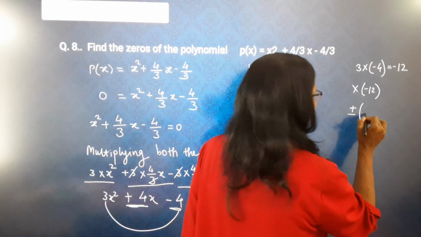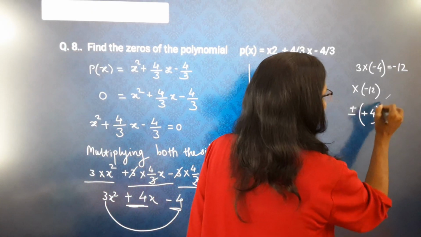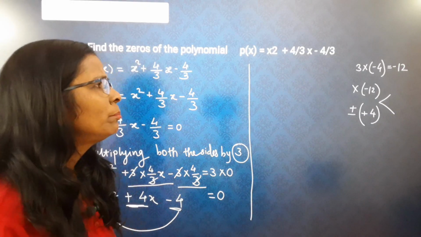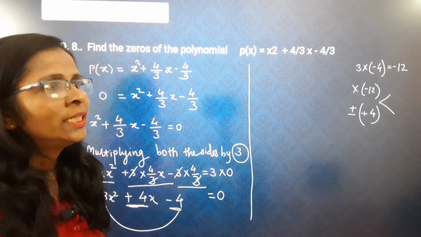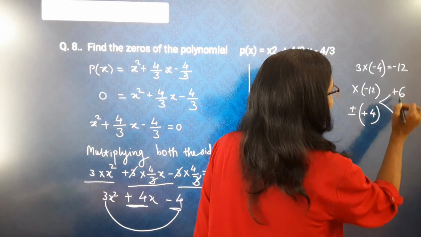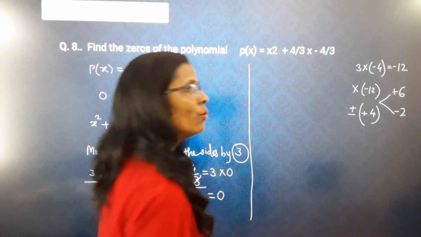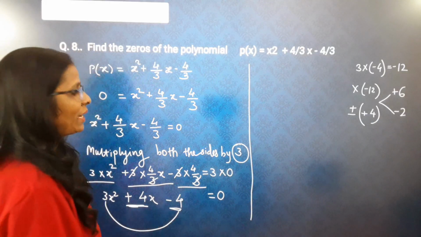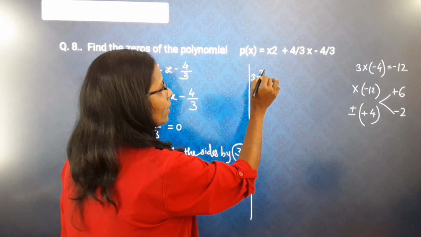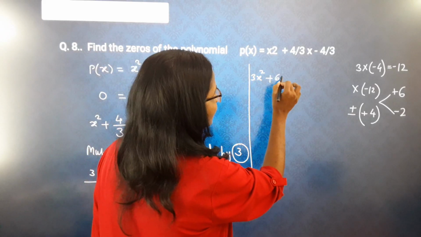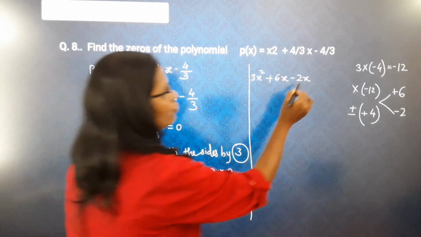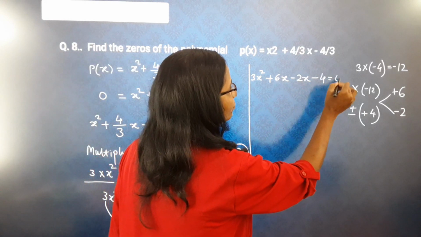Okay students, so which numbers are there? The 6 2s are there. So positive 6 and negative 2. These are the perfect match. So now we write 3x square plus 6x minus 2x and then minus 4 is equal to 0.